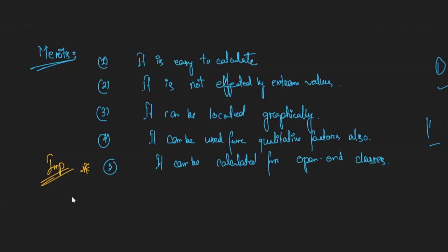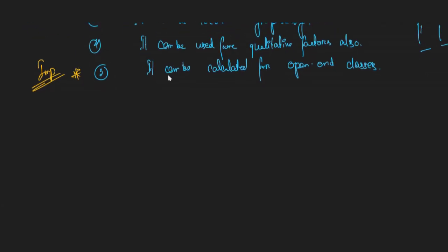Then what do we do? We cannot calculate the arithmetic mean, so we calculate the median, if the question does not specify what to use. You should directly go for the median, because in such a situation calculating the median is the most appropriate step. So these are the merits of your median.